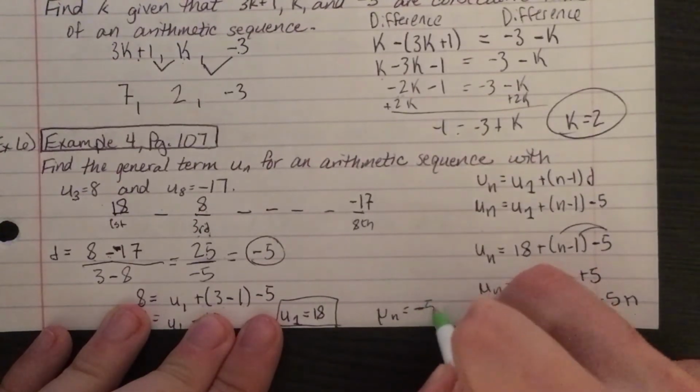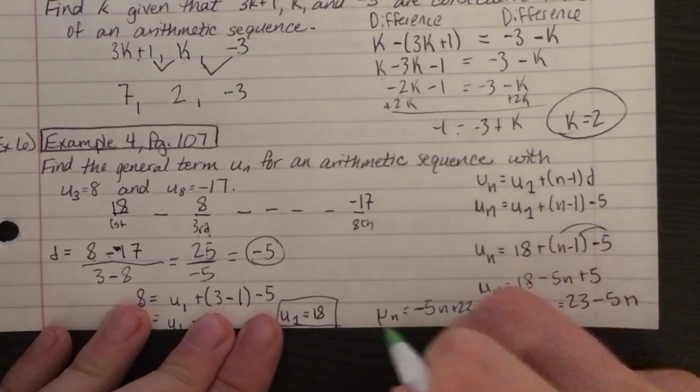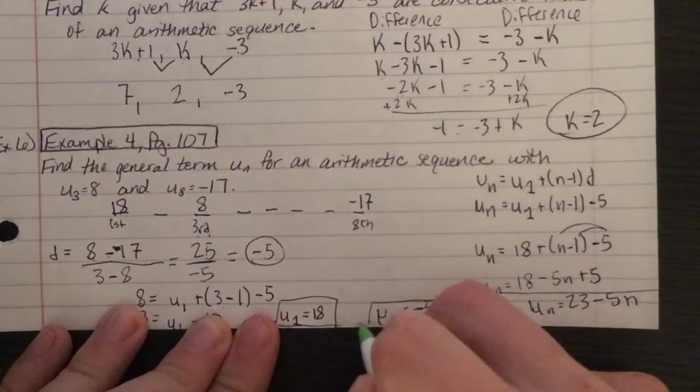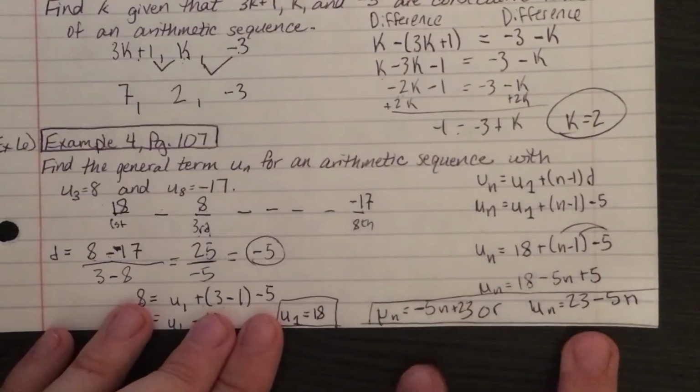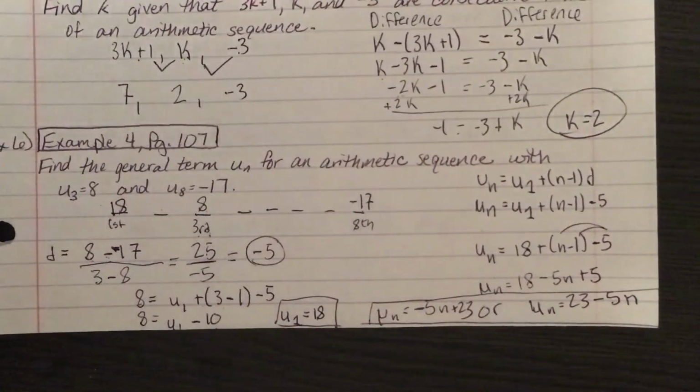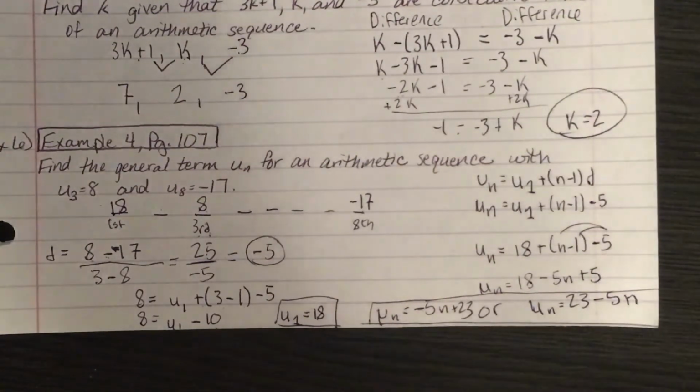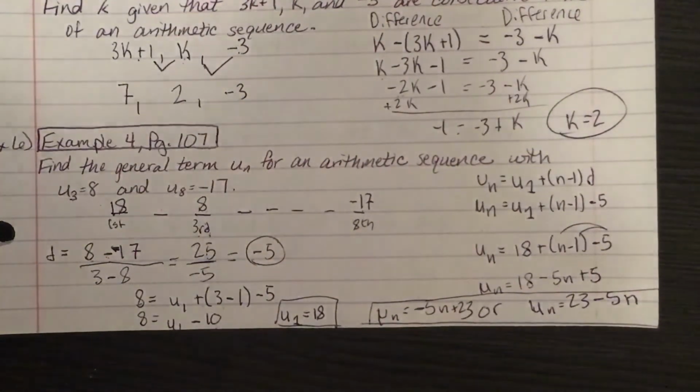You're typically going to see it with the n written first. But both of those are equivalent. So we're going to be subtracting multiples of 5 from 23.